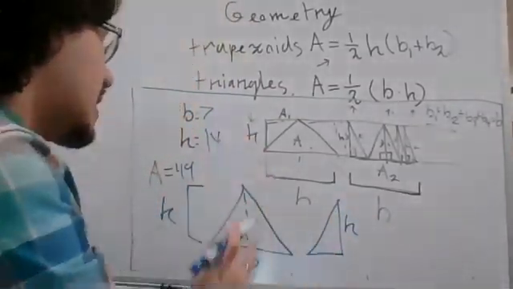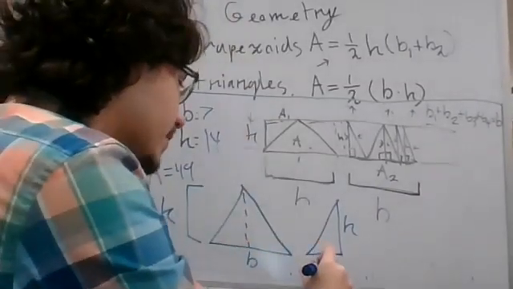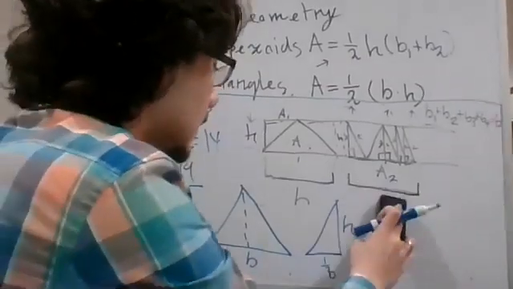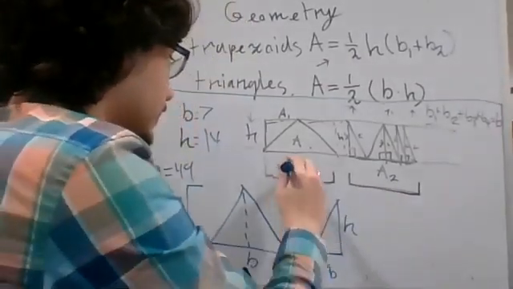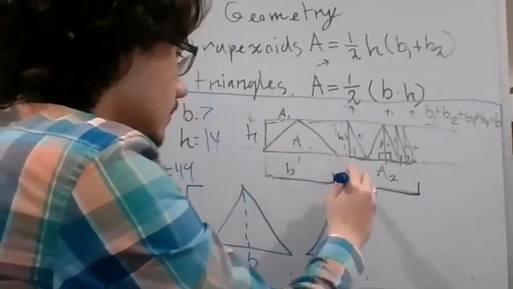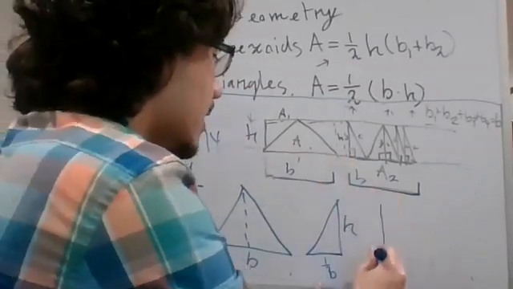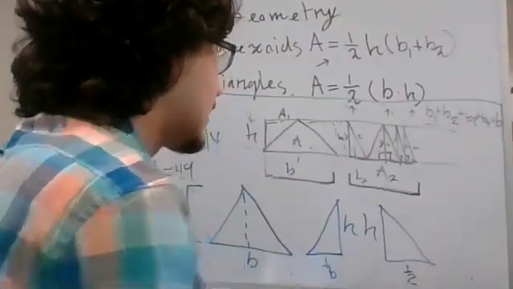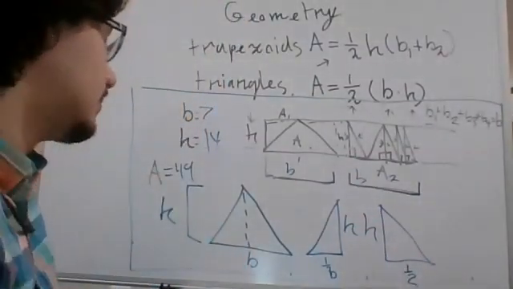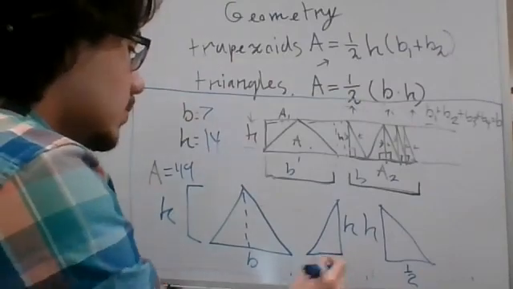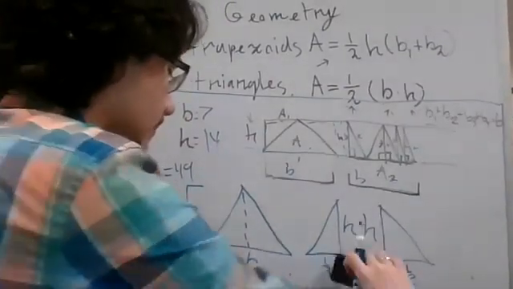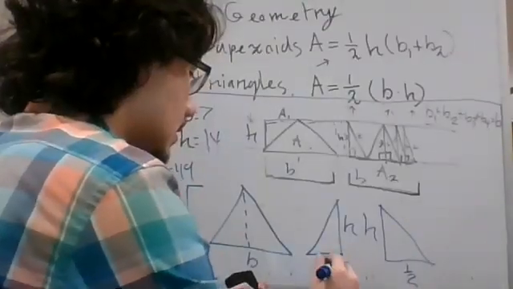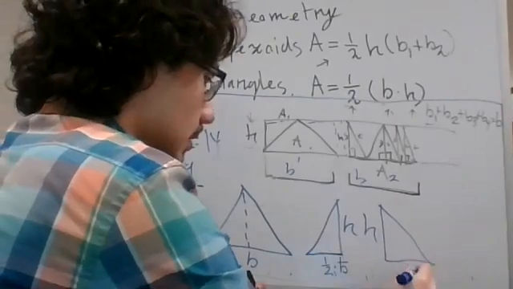And because we drew it in half, we have half the base. And then we have another triangle of height and half the base. So this would be half the base.